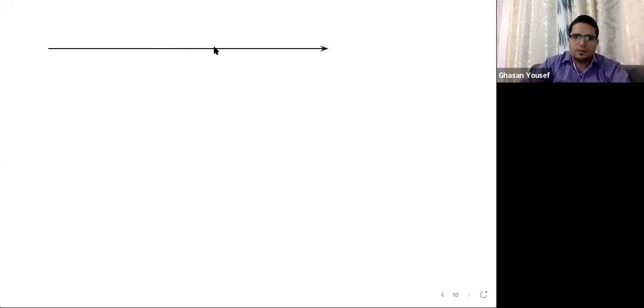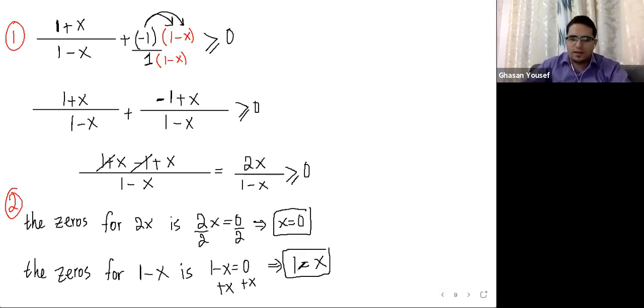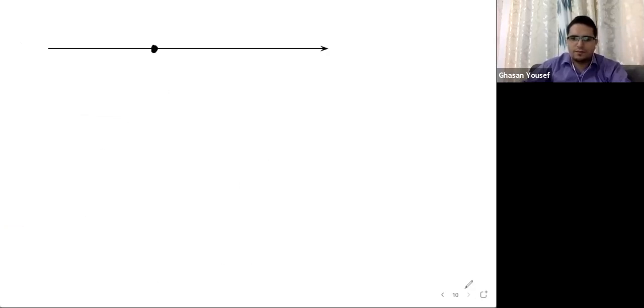So the zero here will be a closed circle. And for the second one, x equals 1, because it's in the denominator, it should be open. Must be open, because we cannot put a zero in the denominator. The denominator cannot be 0. So here is 0, and here is 1. Make sense, what we did here?